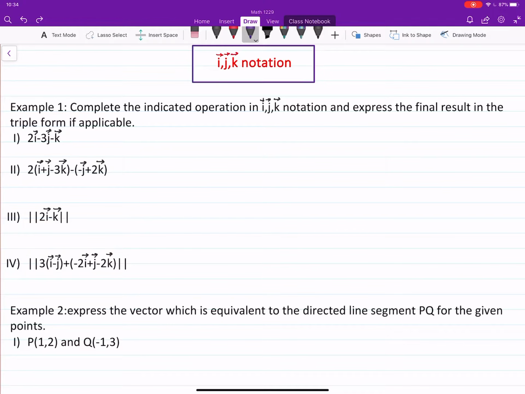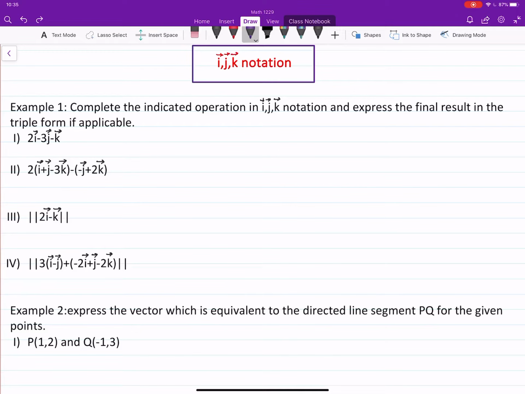And in the IJK notation, the second alternative form, the coefficient of I is the first component, the coefficient of J is the second component, and the coefficient of K is the third component. So here I'll do some vector operations for the vectors written in terms of IJK.